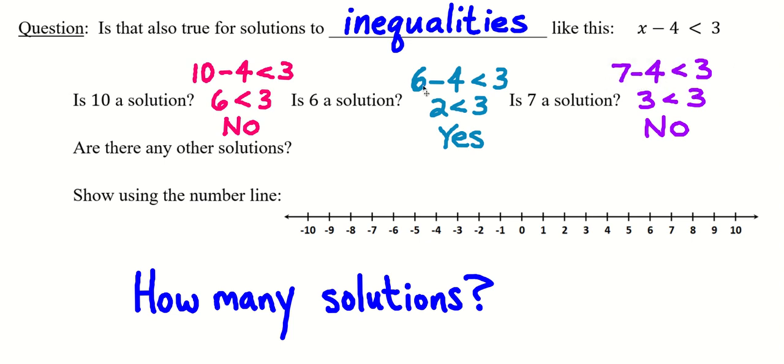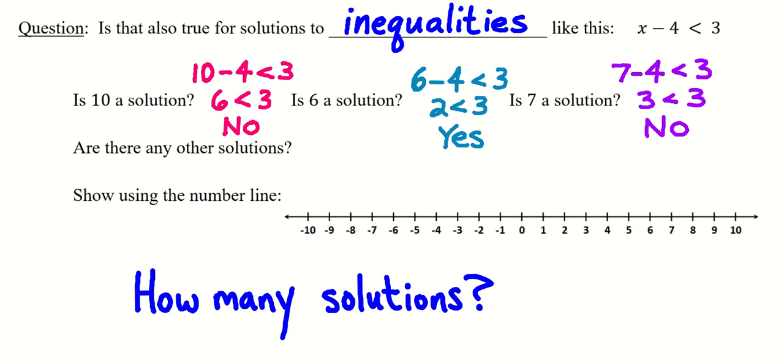Does that mean 6 is the largest of the infinite number of solutions? Is it 6? Because 7 didn't work out, and obviously 8 wouldn't work out, and 10 and 100. Is 6 the largest answer?